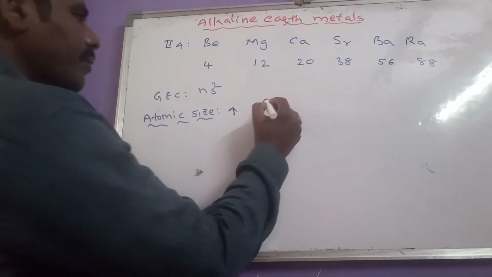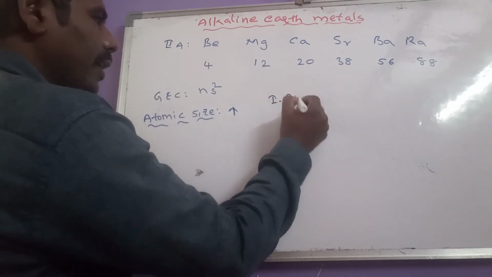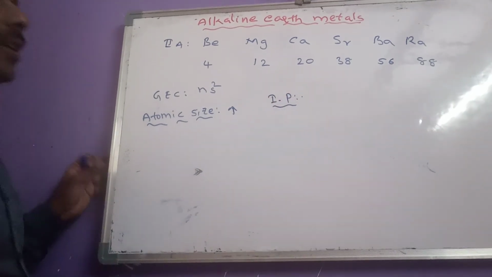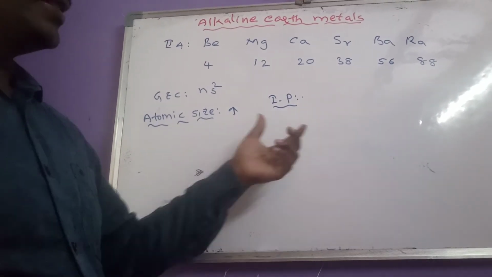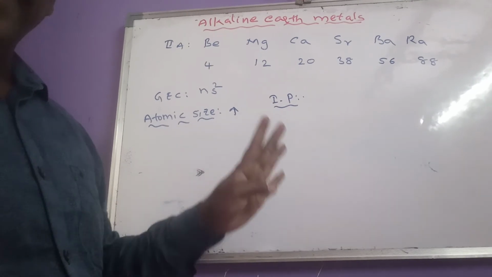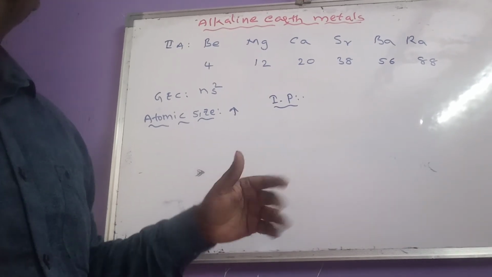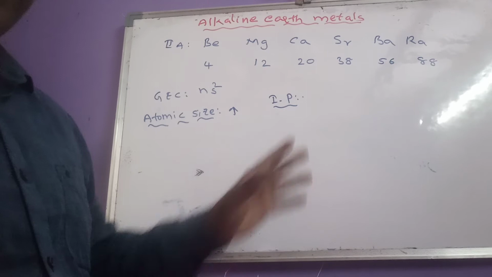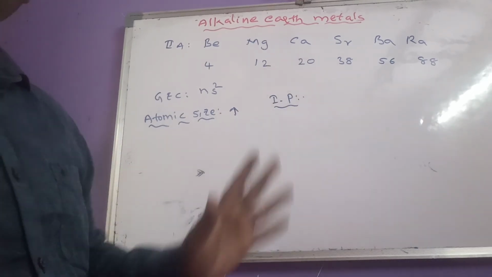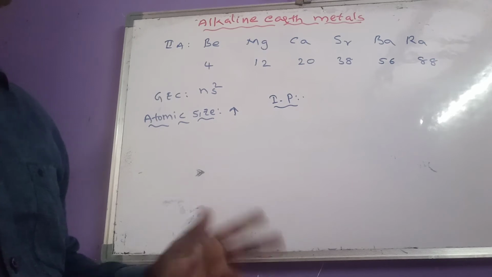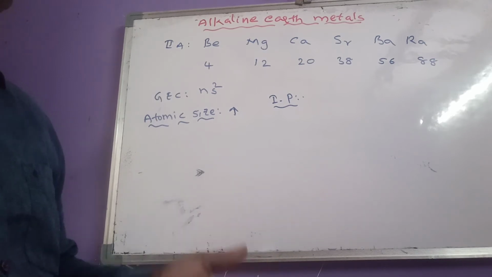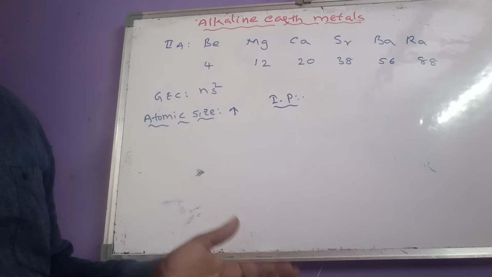So this is regarding atomic size. Next come to ionization potential or ionization enthalpy. Now let us consider this in three different points. What happens from top to bottom is the first one, comparison with alkali metals is the second one, and the second IP and first IP comparison is the third one.